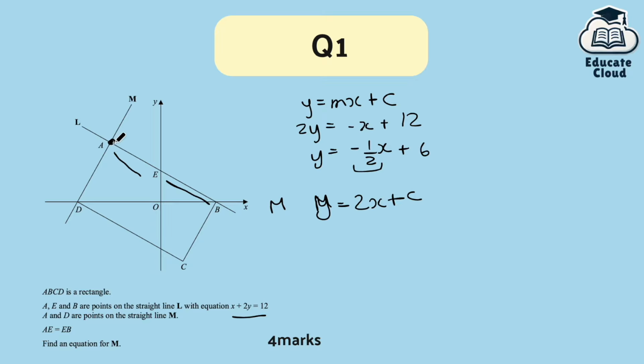And to work out c, I'm going to need A. Now, I know that from this equation, the point is (0, 6). And then if I make y equal to 0, then my point B is going to be (12, 0).